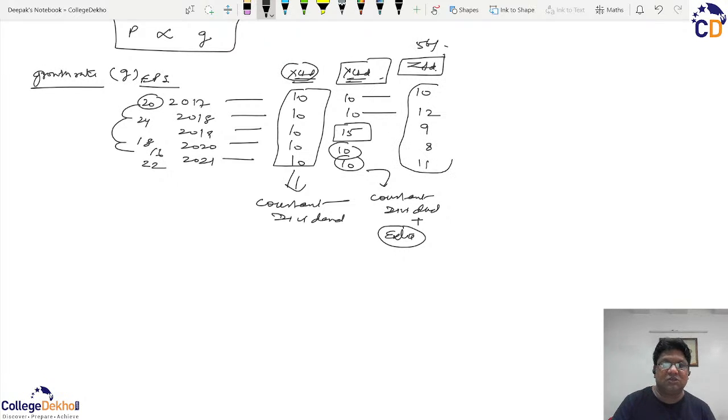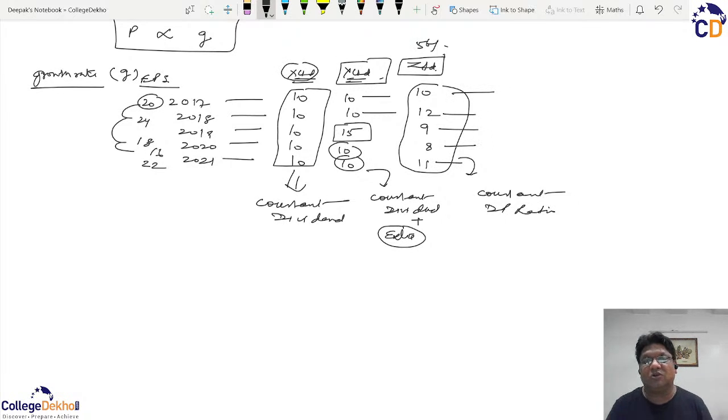So this policy, though it looks constant in terms of the DP ratio, still the investor is quite uncertain, because in spite of the constant policy followed by the company, the amount going to be received by the equity shareholder is not fixed, and it creates a sense of insecurity in the hands of the investor, and that adversely affects the price of the equity share because of the inherent risk involved.